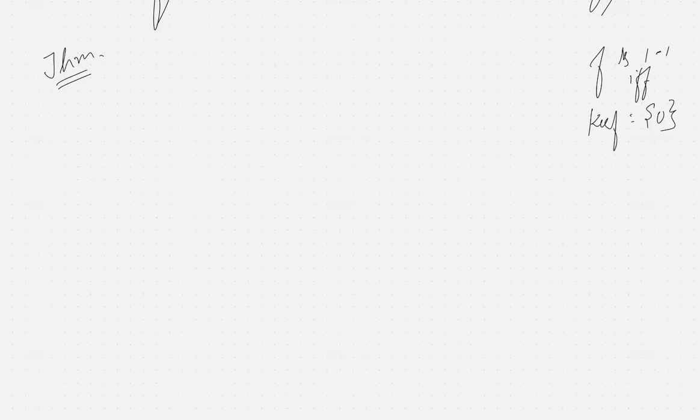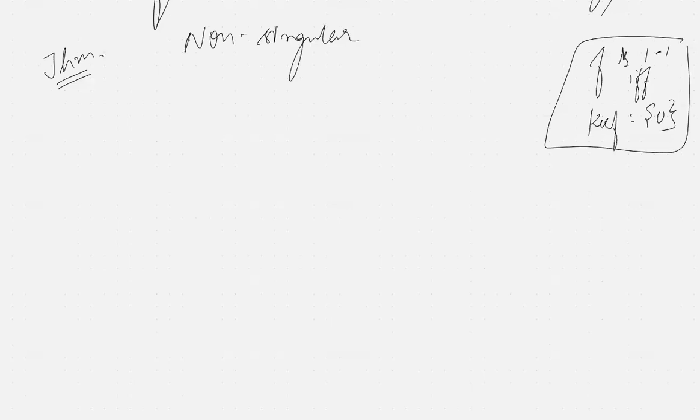Same thing over here. What is a non-singular linear transformation? Non-singular linear transformation means one-one. f is one-one, a non-singular function. So the theorem says, let f from V to U be a linear transformation.